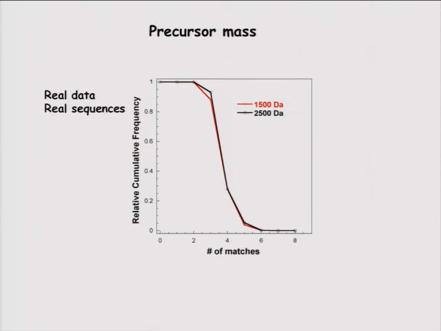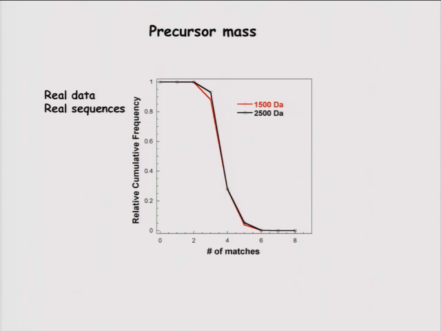So now, if we construct spectra that contain 15 fragment masses, but with poor quality, so they are 80% background, but they are still real, representing peptides, and we search real sequences, we can get a distribution of scores for those two mass values.